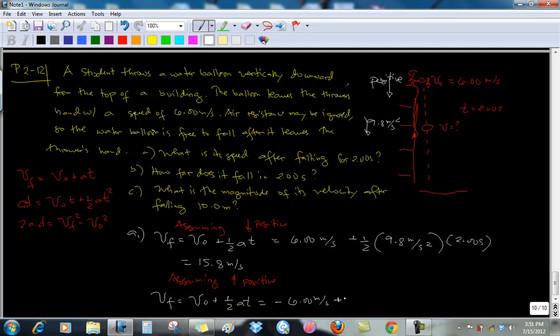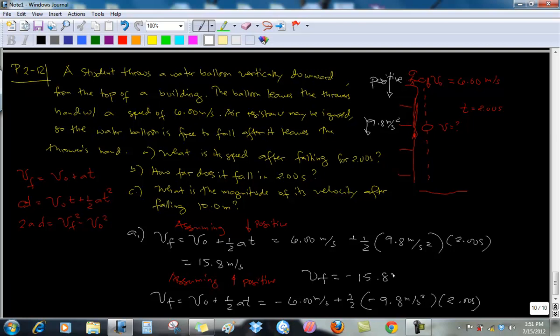Then we also have here 1/2, and this 9.8 is downward, and you assumed upward is positive, so we'll have negative 9.8 meters per second squared, times 2 seconds. And still, we'll be getting VF equal to negative 15.8.